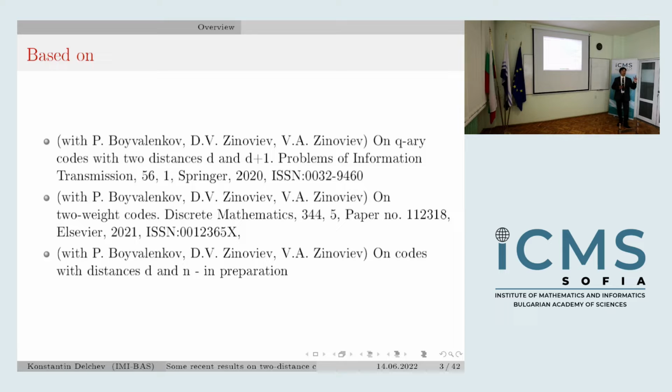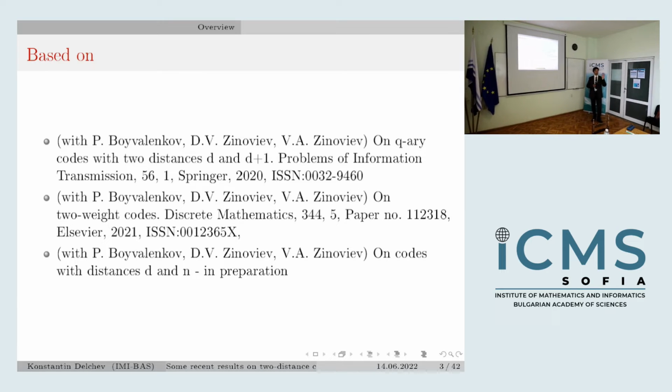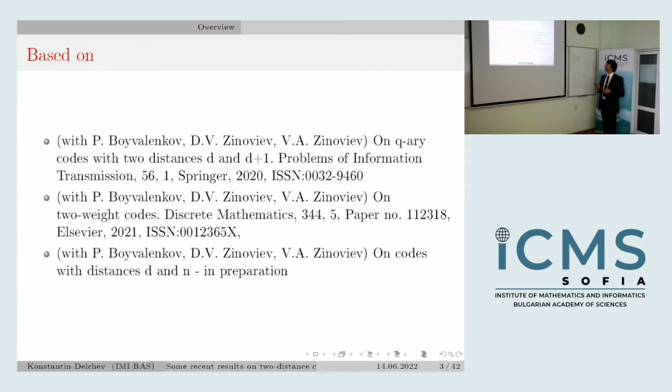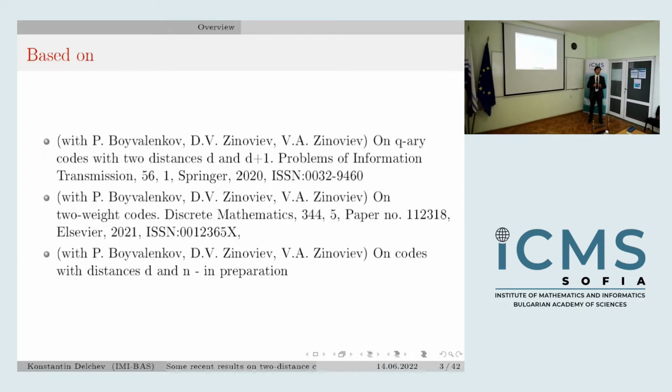Usually a configuration of two good distances, good in the sense that they produce large cardinality, was studied, but not always two neighboring distances, and furthermore most codes that were studied were also good, namely linear, while the non-linear case was, how to say, left for later, and we figured out that, okay, maybe later is now.